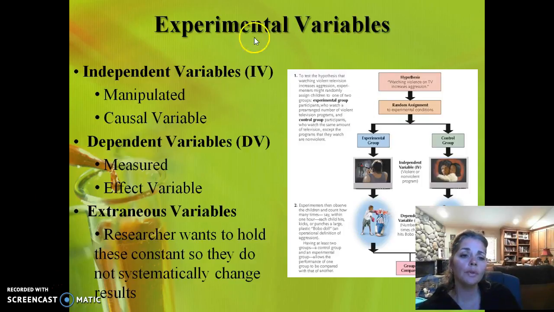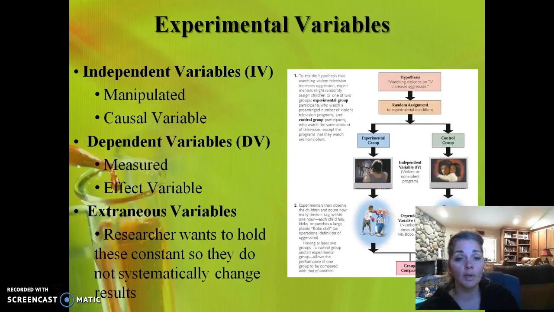So with regard to the whole process, I have a hypothesis that more violent television is going to influence the aggression levels. I randomly assign my participants to either the control or experimental group. My control group watches non-violent shows. My experimental group watches violent shows. I then expose them to a situation where I can measure their aggression levels, maybe with a toy, maybe with peers on the playground.